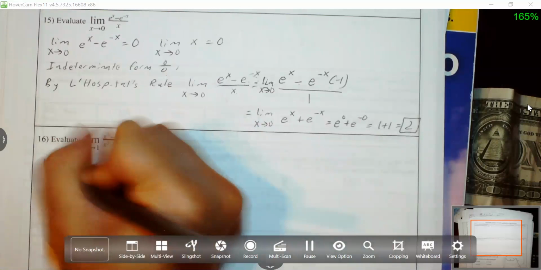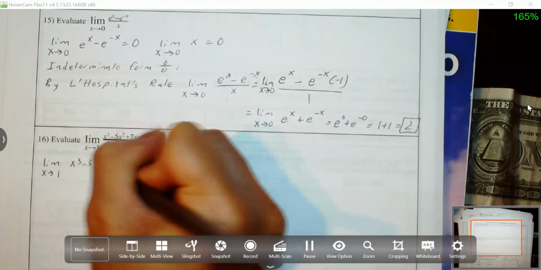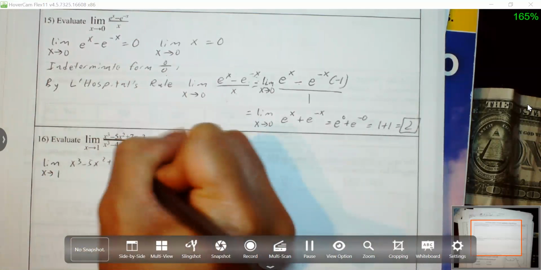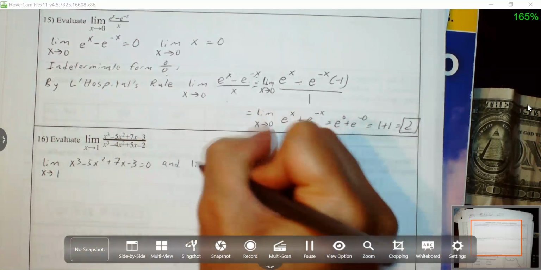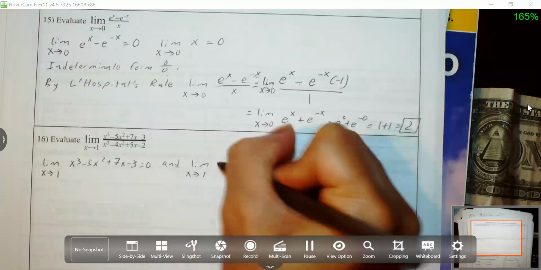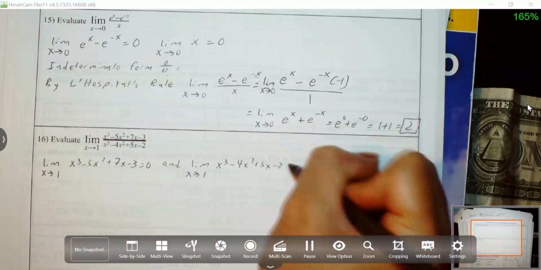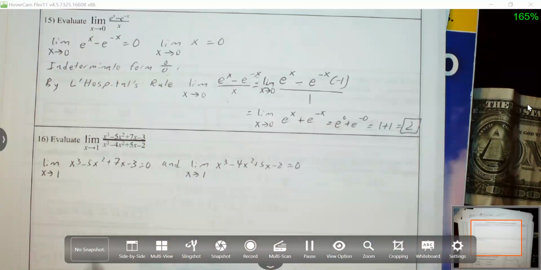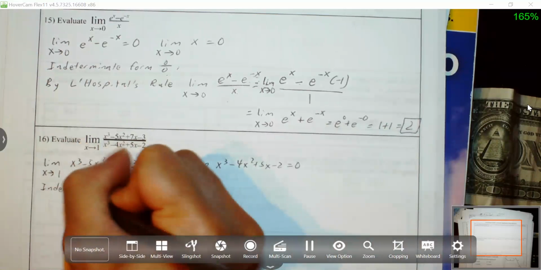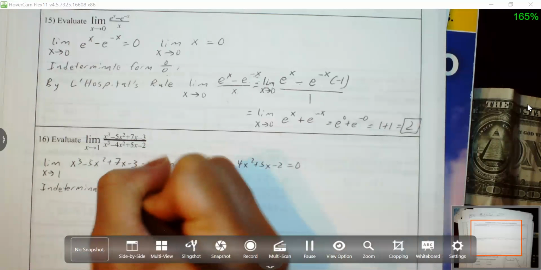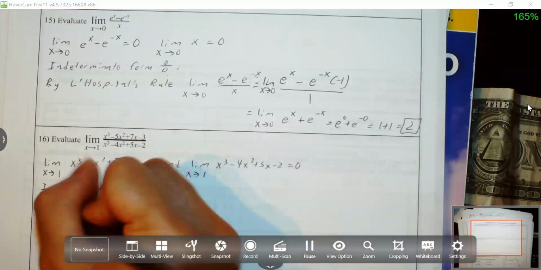So the limit as x approaches 1, I have indeterminate form, 0 over 0, by L'Hopital's rule.